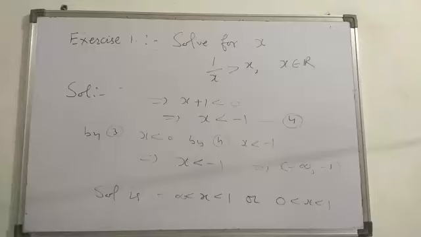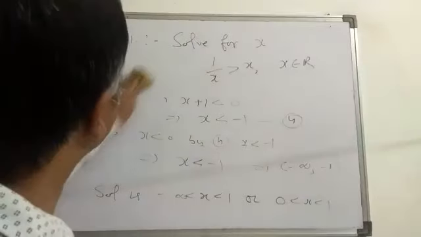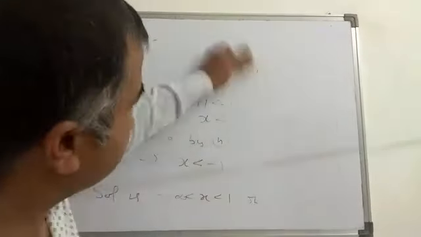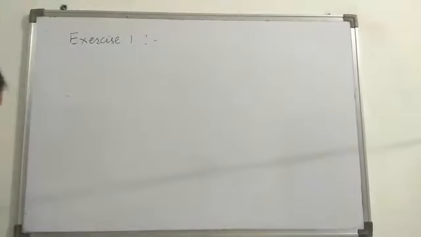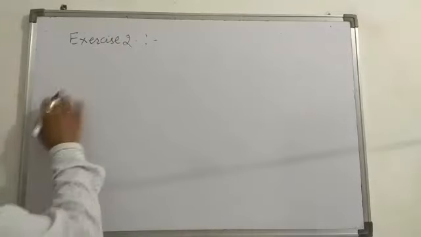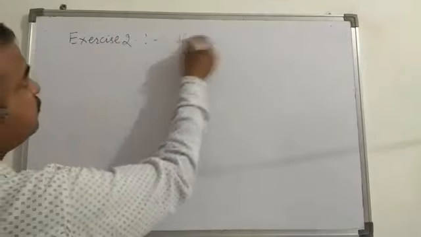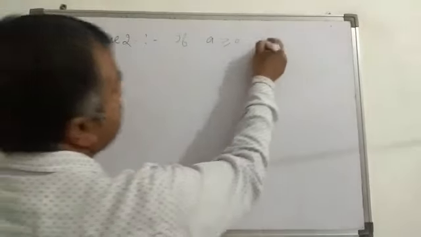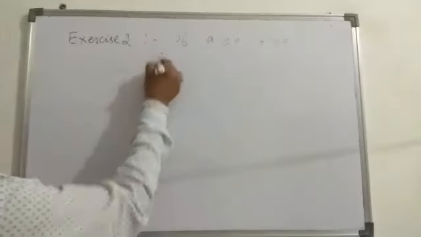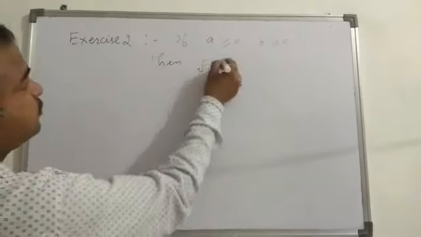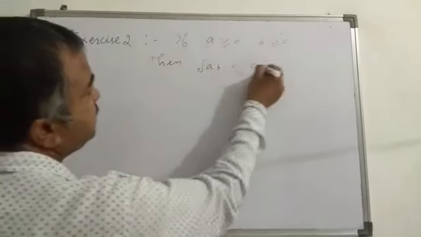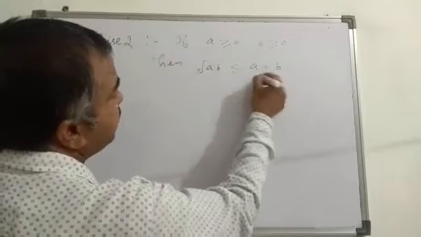Next, exercise 2. If a greater than or equal to 0, b greater than or equal to 0, then square root of ab is less than or equal to a plus b upon 2.